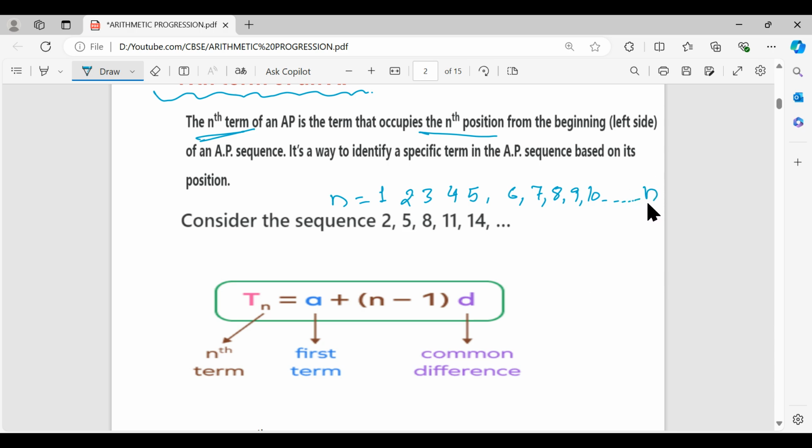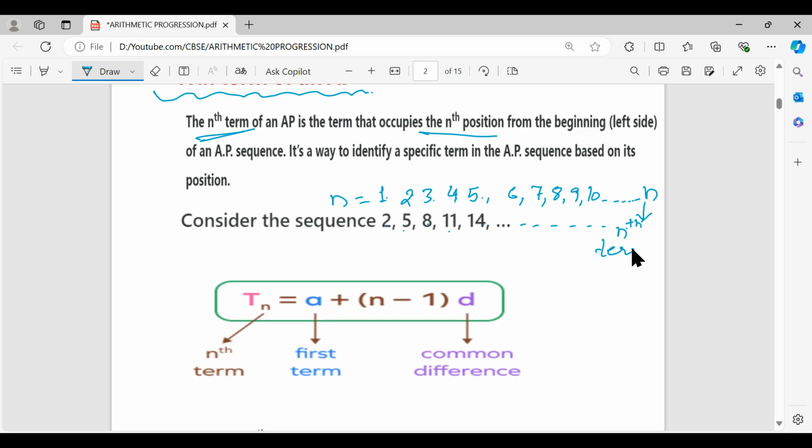Now, what is your nth term? My first term is 2, second term is 5, third term is 8, fourth term is 11, fifth term is 14, and then the 6th to 9th terms are not given. Like this, we reach the position n. So at the n place, we will have the nth term.